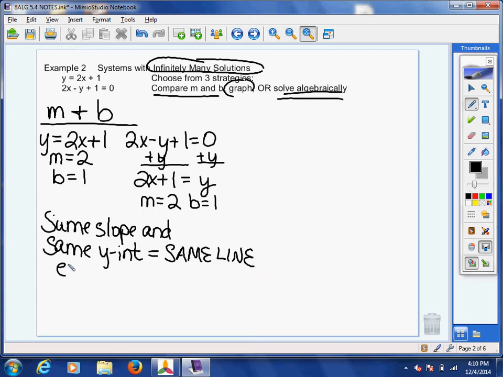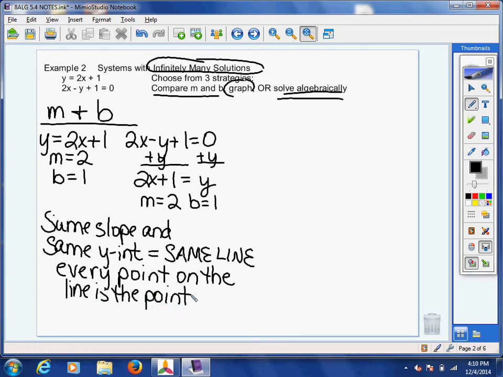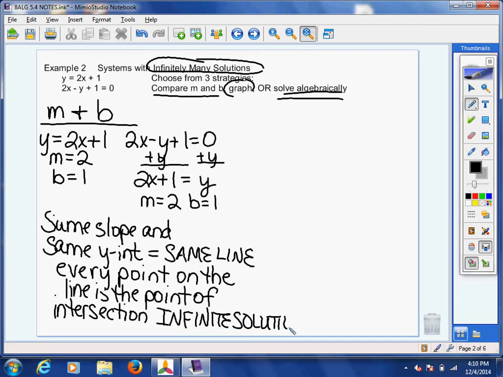Every point on the line is a point of intersection, so there isn't just one, there are infinitely many. Whenever you see the same slope and the same y-intercept, that means it's the same line and you have infinite solutions. The answer to this is infinite solutions.